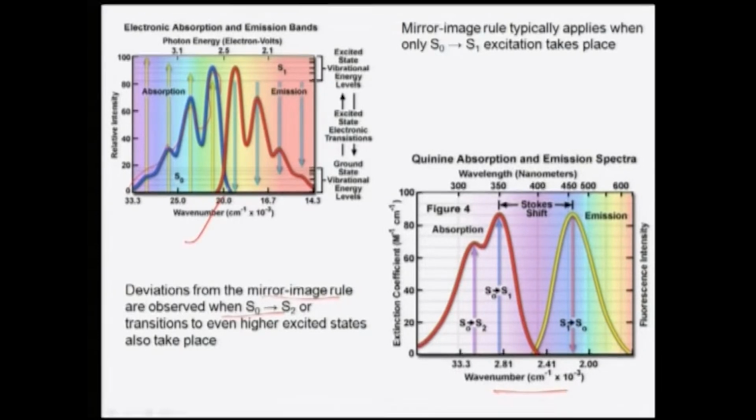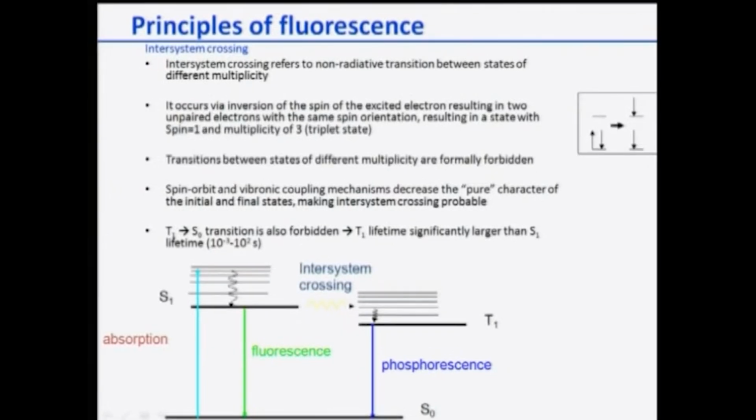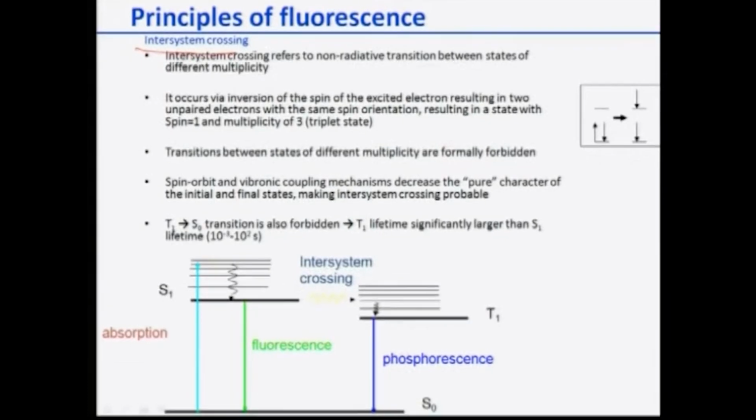Well, then let me just discuss more about intersystem crossing, which is the main reason for phosphorescence. Intersystem crossing actually refers to non-radiative transitions between the states of different multiplicity. As you see here, for phosphorescence you need to have a triplet state.